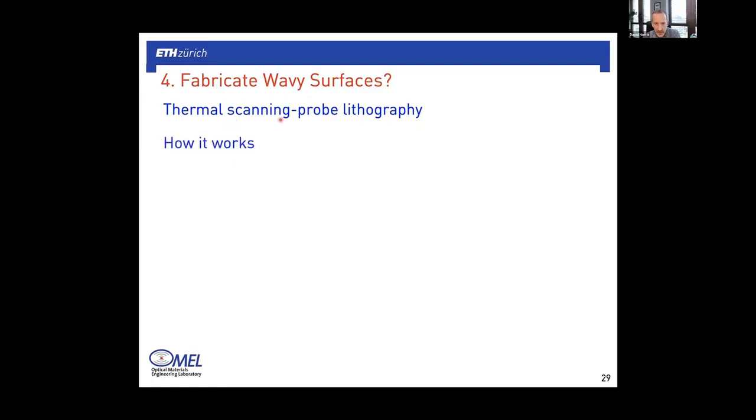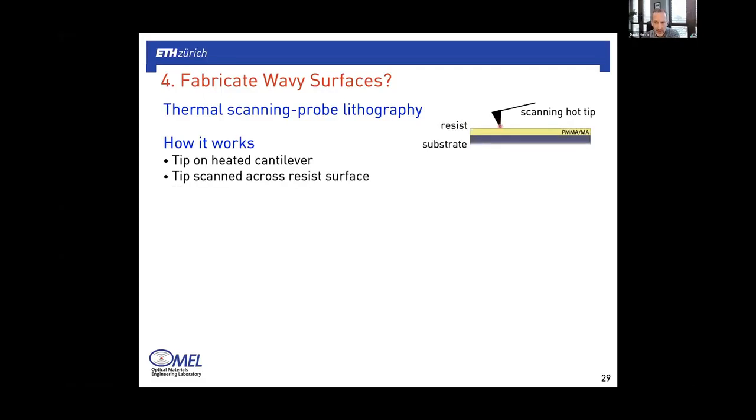And the way this technique works is basically you have a hot tip on a scanning cantilever. And then by bringing this tip close to a thermally sensitive polymer film, and then raster scanning this tip in X and Y, so in the plane, while controlling its depth in Z, and basically burning away the polymer as you move, you can carve out a very precise profile in the polymer film.